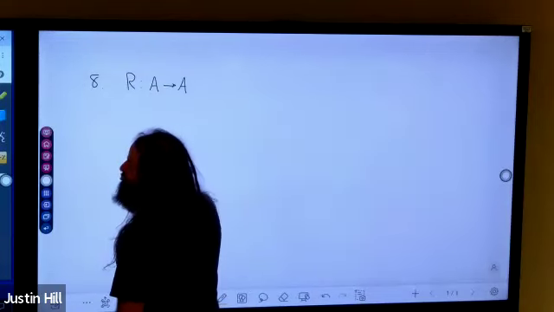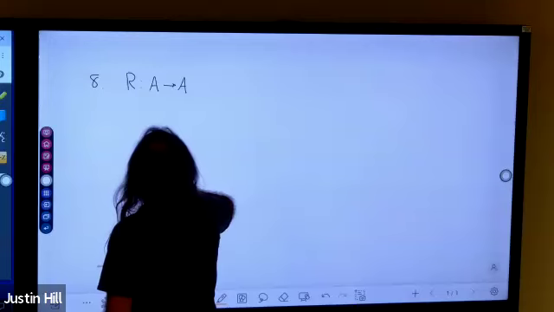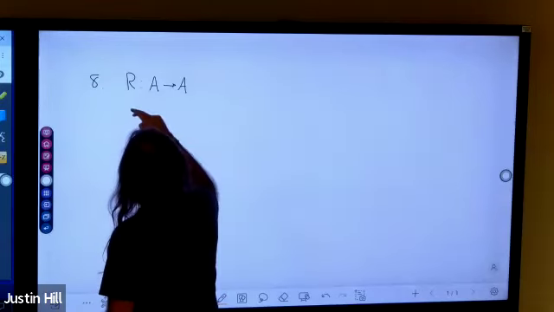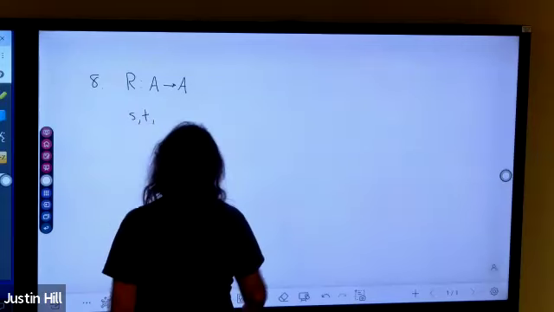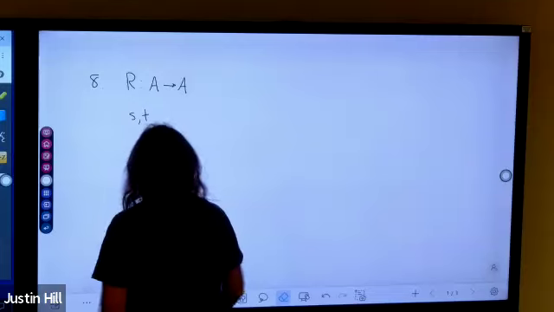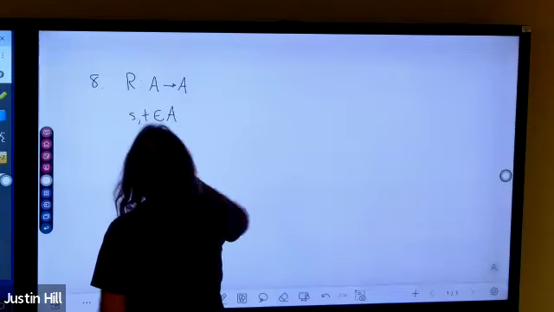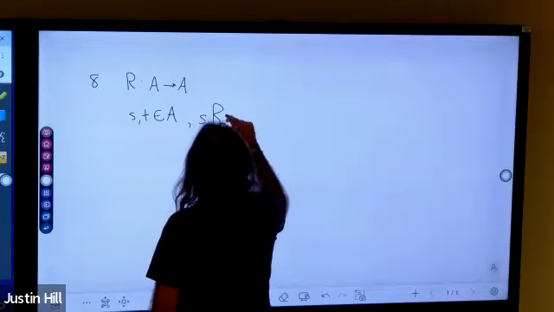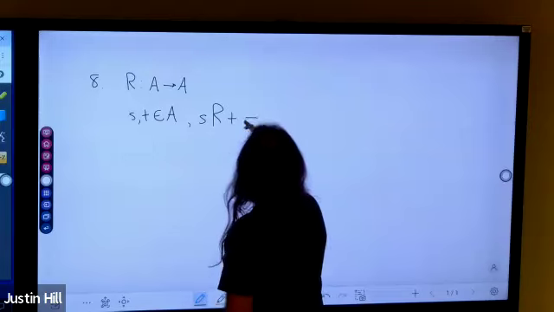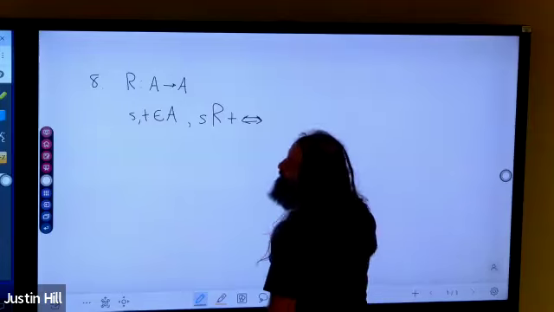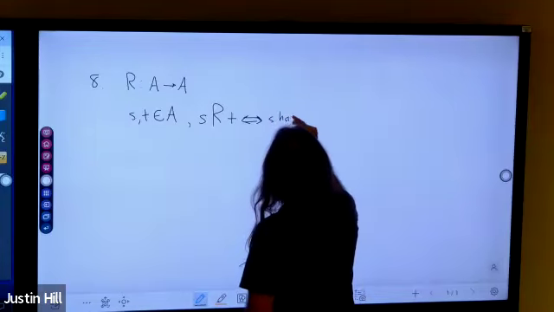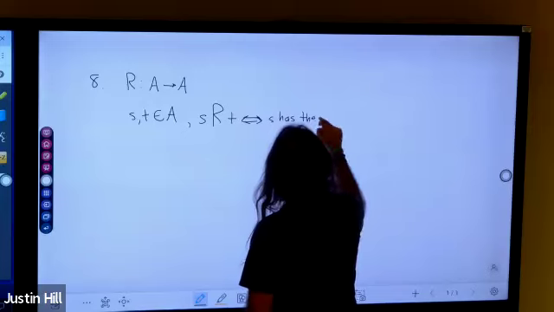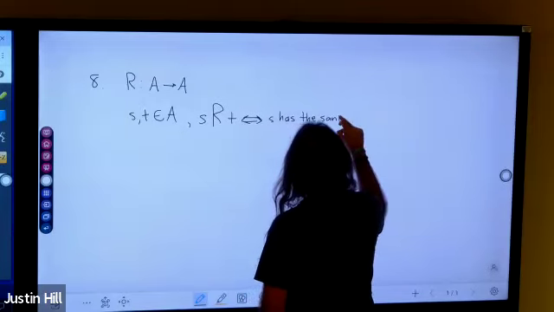And the way this works, for S and T, S is related to T if and only if they have the same first two characters.